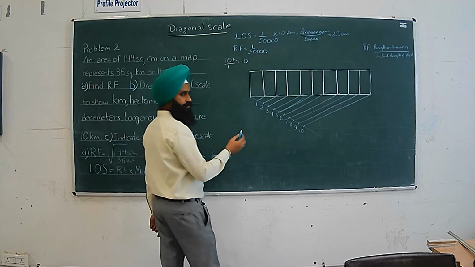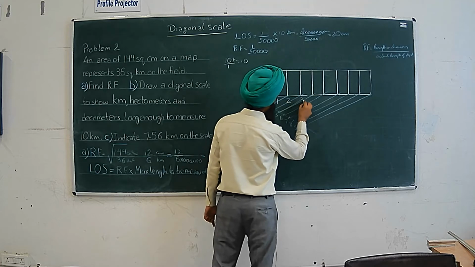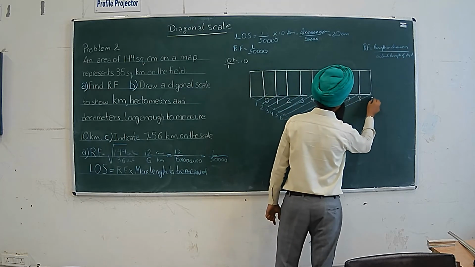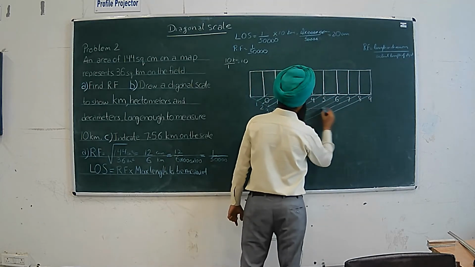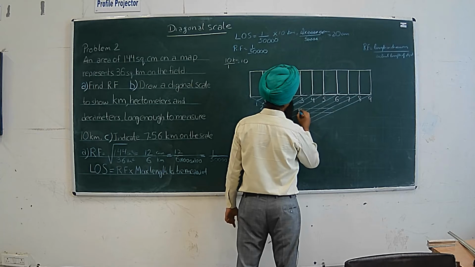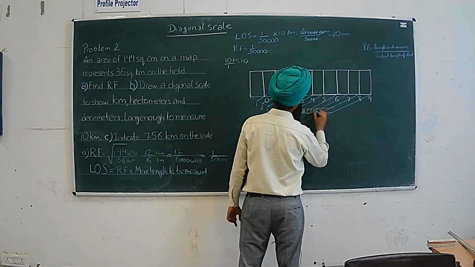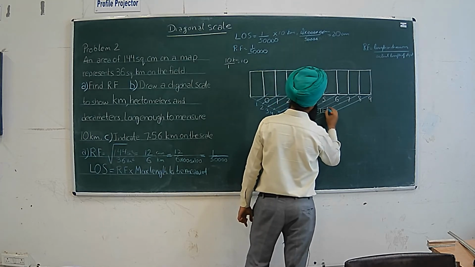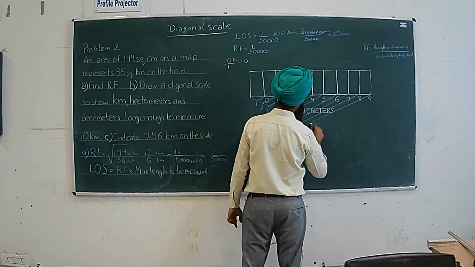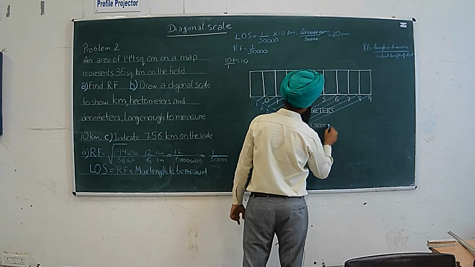So next step is writing 0, 1, 2, 3, 4. Now these are our kilometers. And our scale is 1:50,000.